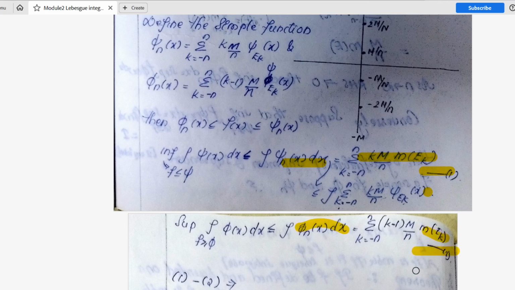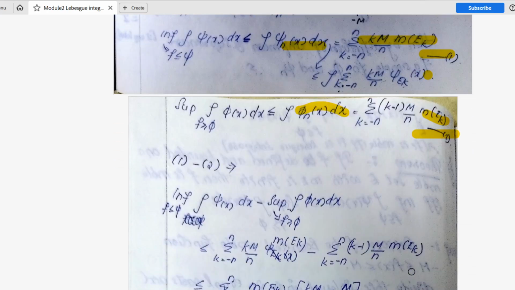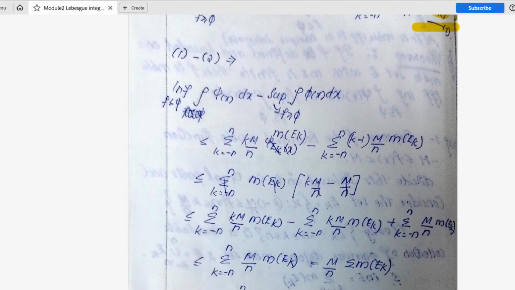So 1 minus 2 ചെയ്യുമ്പോൾ നമുക്ക് എന്ത് കിട്ടും, infimum of integral ψ(x) dx minus supremum of integral φ(x) dx is less than or equal to this. Now this is less than or equal to sigma of k equal to minus n to n, k by n m of Ek minus sigma of k equal to minus n to n, (k minus 1) by n m of Ek.